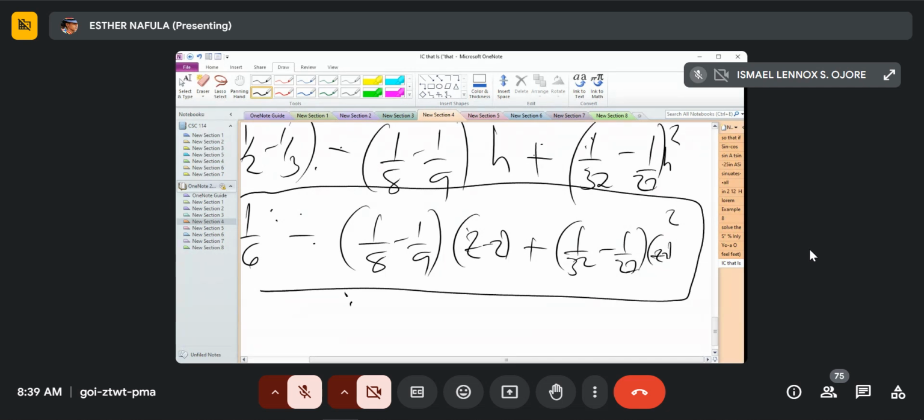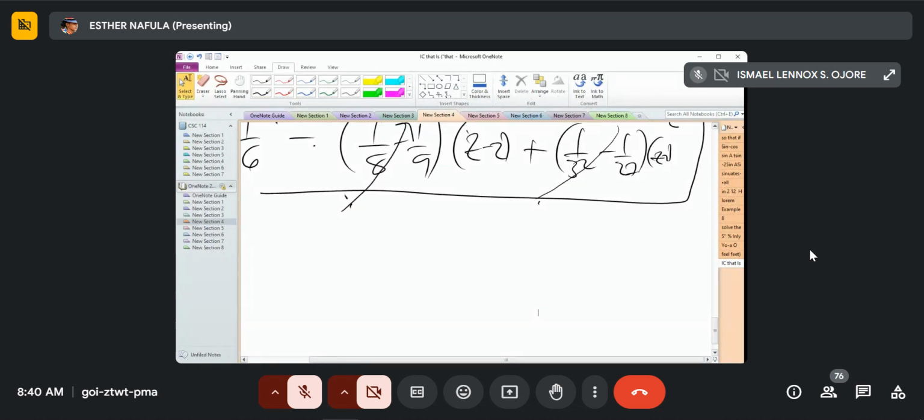If you wish to go ahead and check what 1 over 8 minus 1 over 9 is, and 1 over 32 minus 1 over 27, then you plug in the answer, it's still the same thing. Thing is, I want your answer in terms of powers of z minus 2 which appear. So I hope that's okay. That is the procedure to be followed.